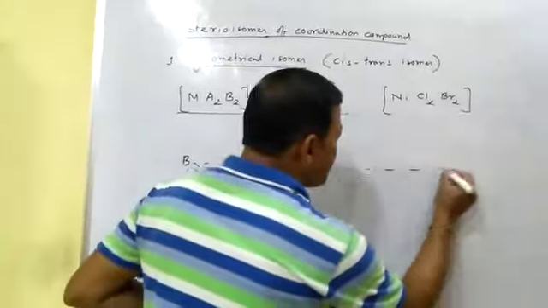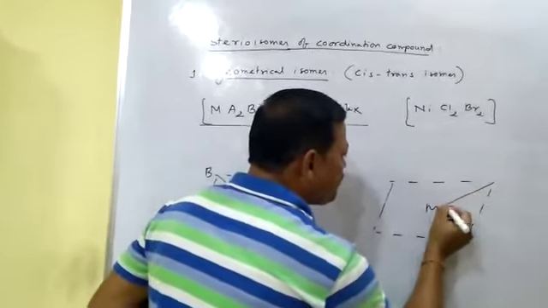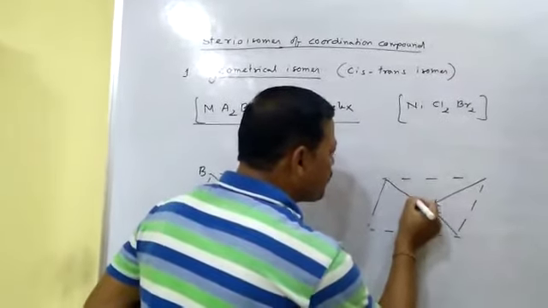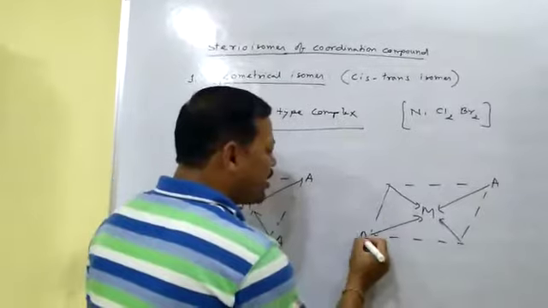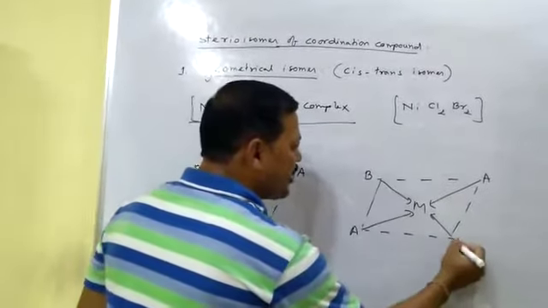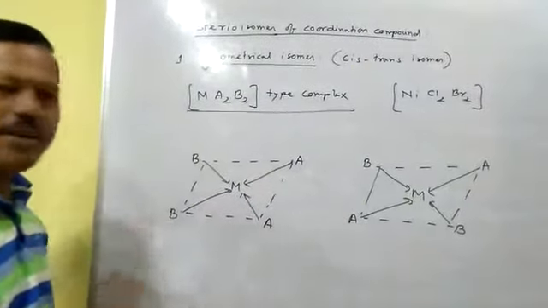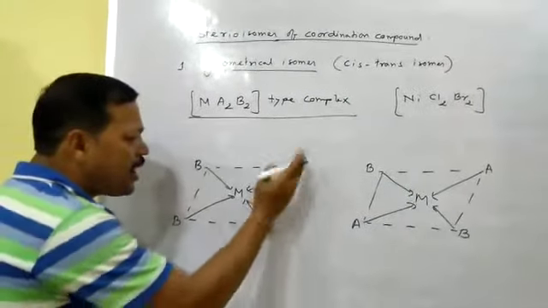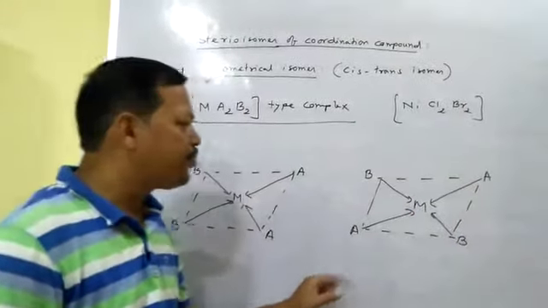And this complex, you can draw in this way also. This is your metal. Suppose A ligand is present here, another is present here, B ligand is present here, another B is present here. Now both are Ma2B2. The difference is here similar ligands are on the same side, here similar ligands are on the opposite side.